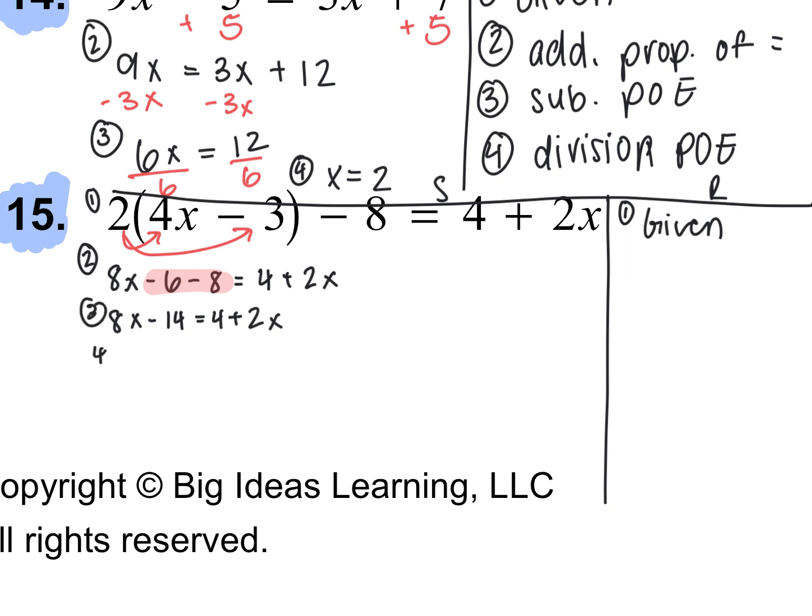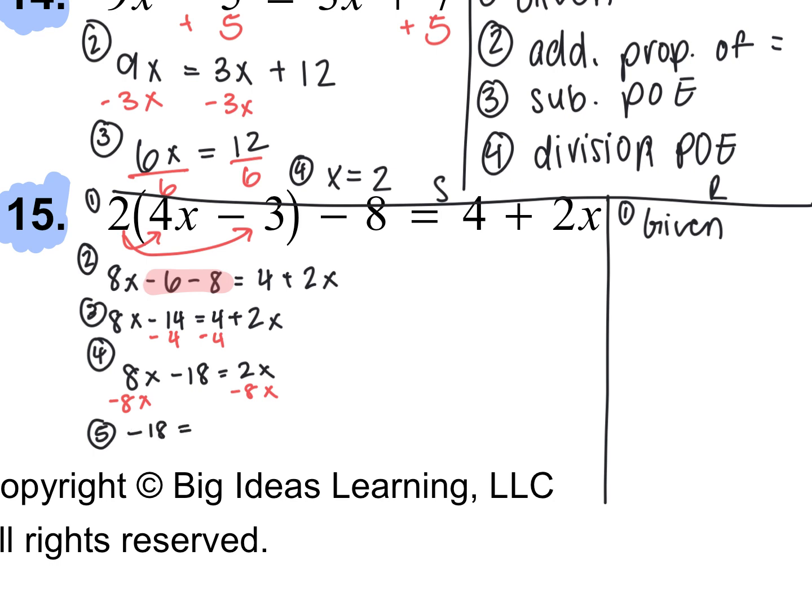And then what should I do next? What do you want to move? Subtract 4 on both sides. All right, I'm going to get 8x minus 18 equals 2x. What should I do now? All right, I'm going to subtract 8x.